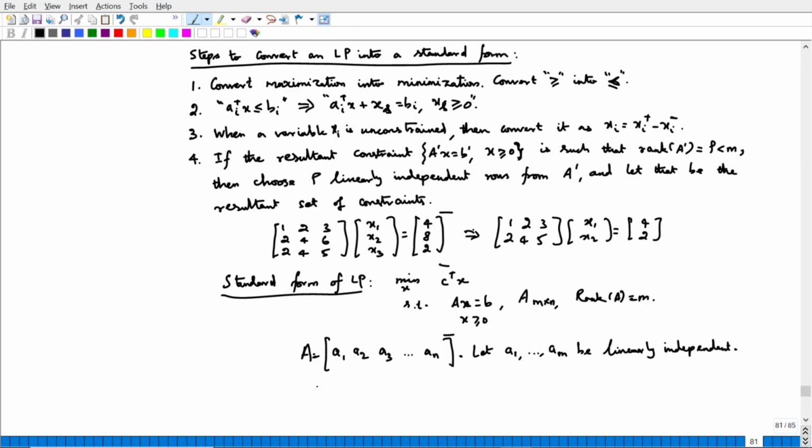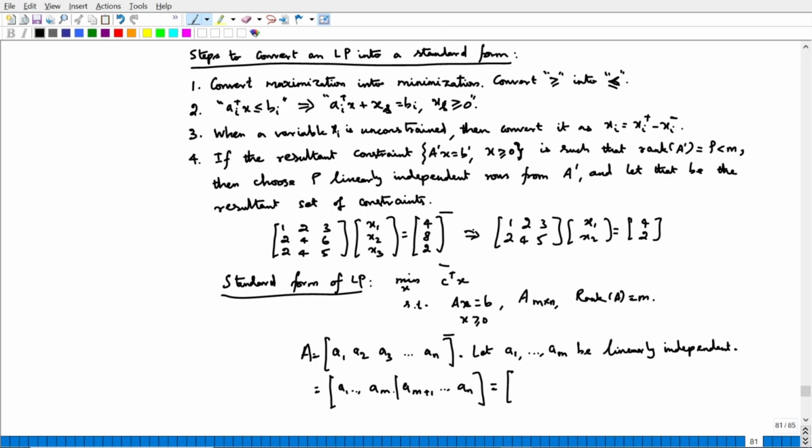I can now write this as A1 dot dot dot Am, Am plus 1 dot dot dot An, just to differentiate what is going on.